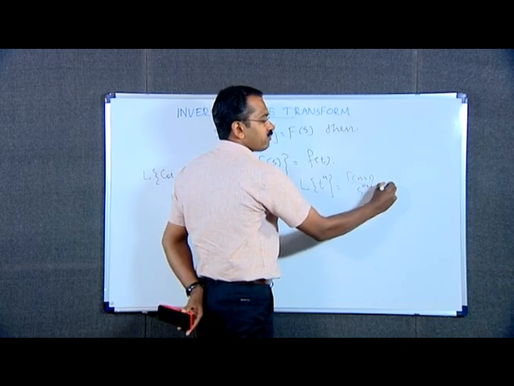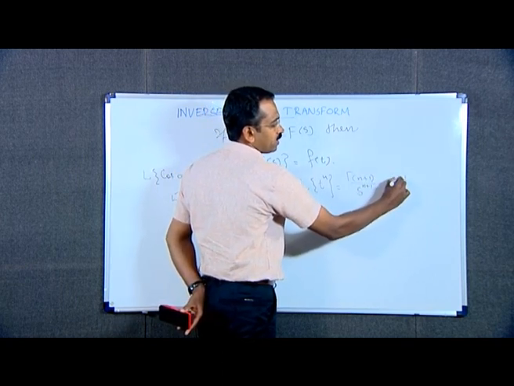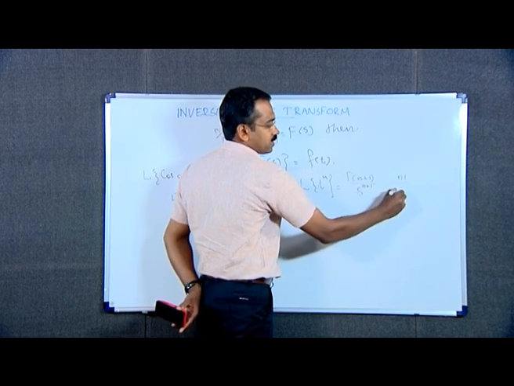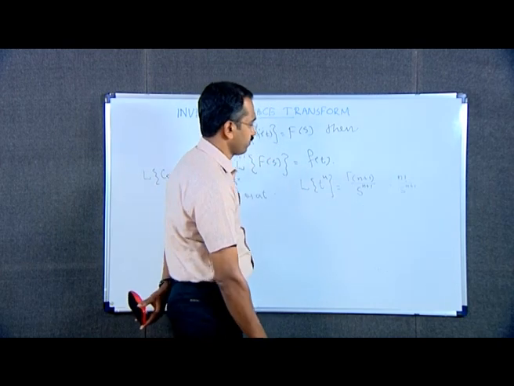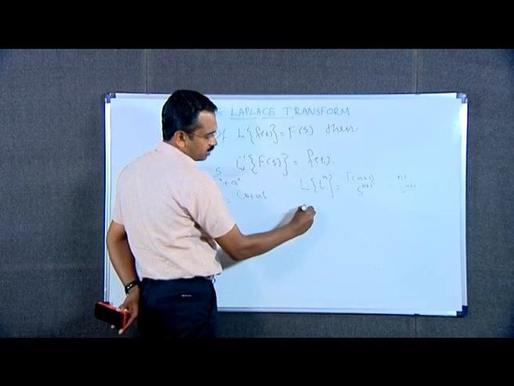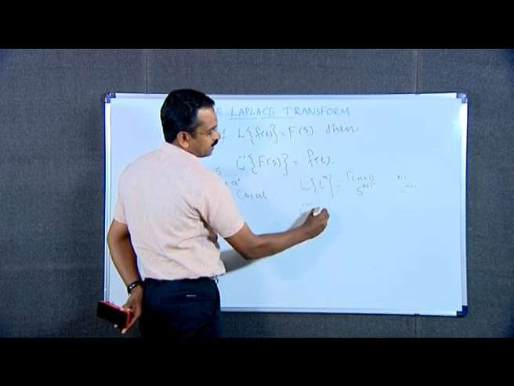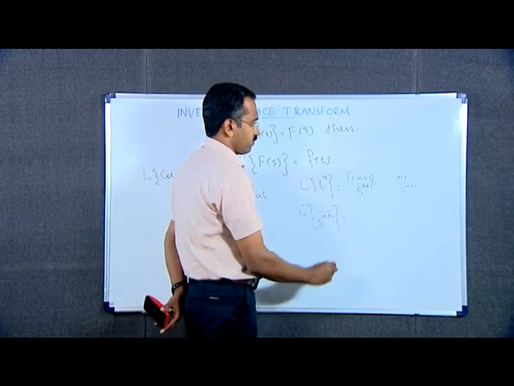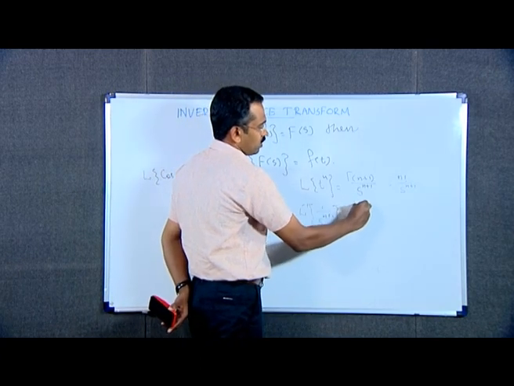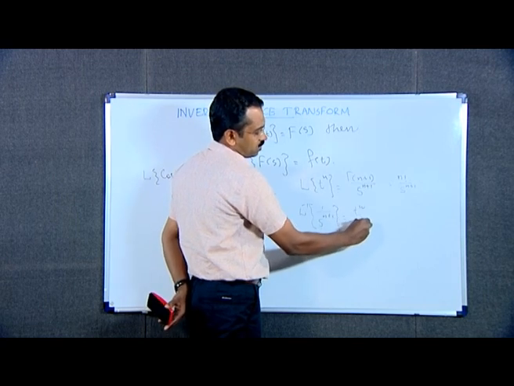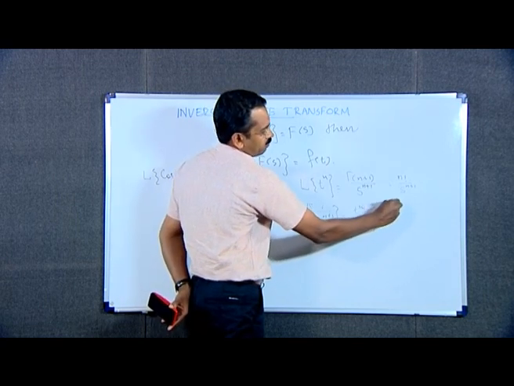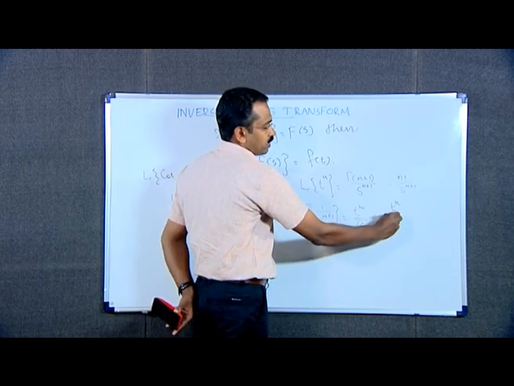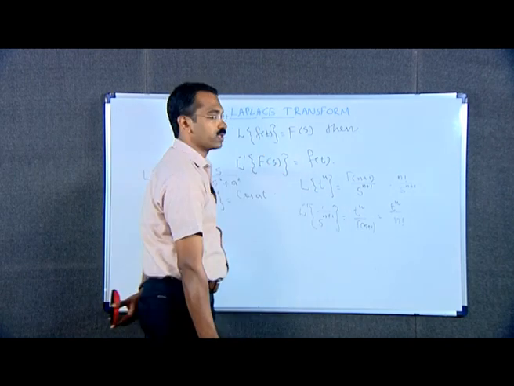If n is an integer, we can write this as n factorial divided by s raised to n plus 1, since gamma n plus 1 is n factorial. Therefore, L inverse of 1 by s raised to n plus 1 can be written as t raised to n divided by gamma n plus 1, or if n is an integer, this is equal to t raised to n divided by n factorial.